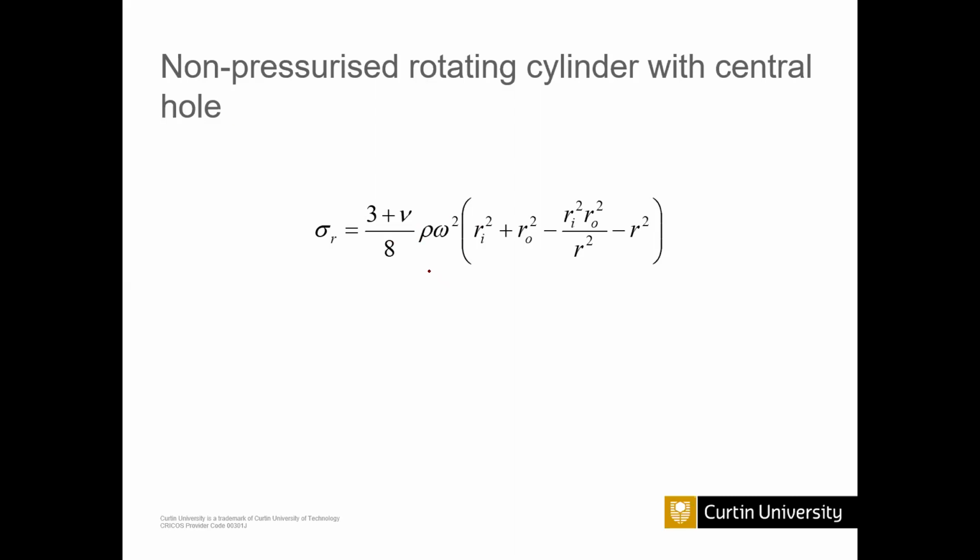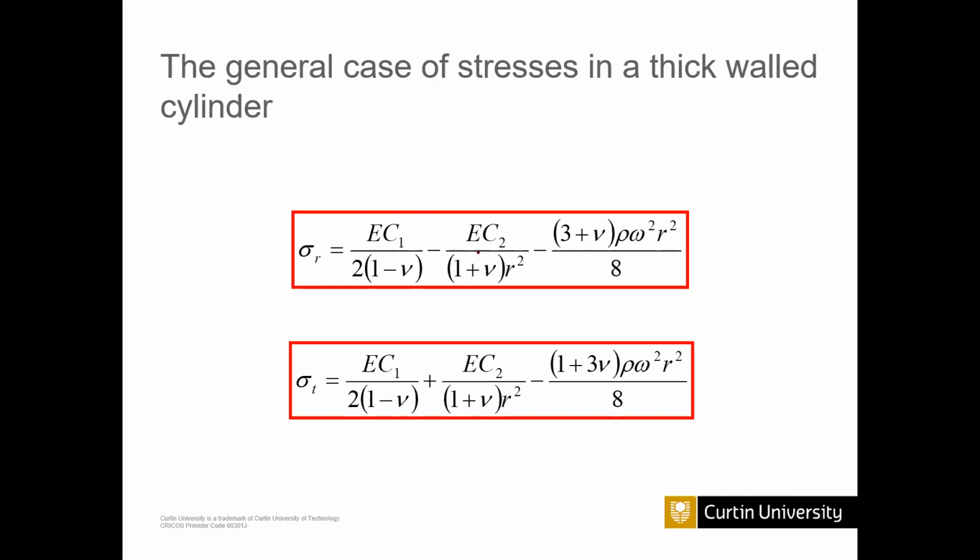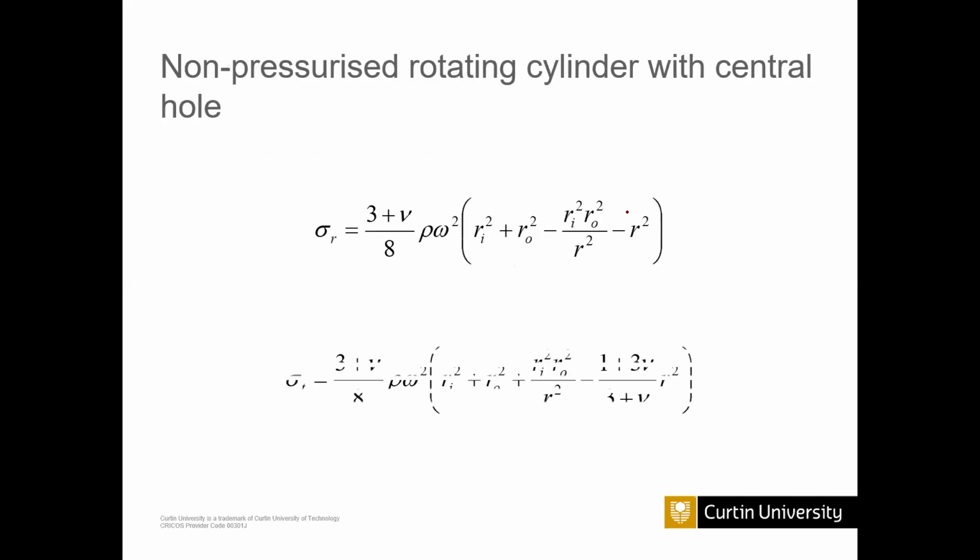In the radial stress equation, this term goes to 0 because C1 and C2 have the P naught and Pi terms. So these will be 0, and the only thing remaining is the term with the omega. You can see this is the equation.